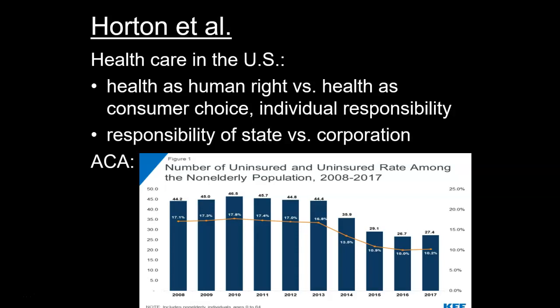So Horton wants to encourage us to think about ways to enact health as a human right and to resist this notion that health should primarily be understood as an individual responsibility in the context of our public health system. So the difference is putting the responsibility for health in a particular society on the state versus on corporations, right? Or various kinds of medical institutions.